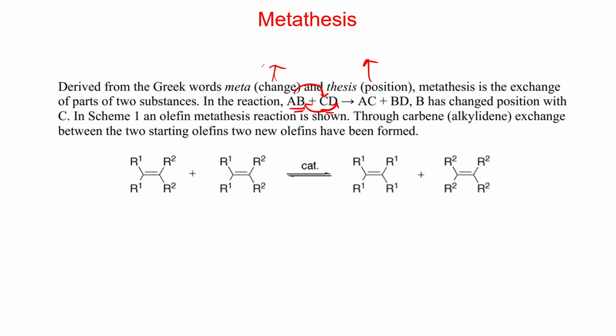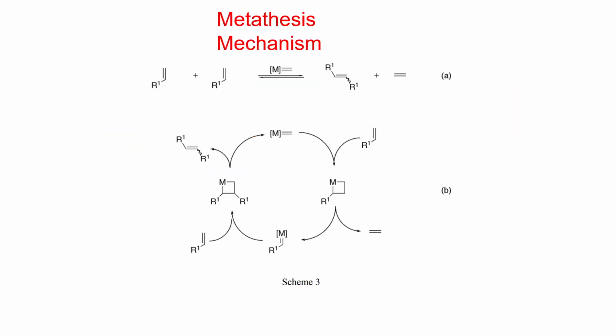It's popular for this kind of olefinic unit like this. Here you can see R1, R1, R2, R2. And when it reacts with the catalyst, what happens? This part is attached to this one, and you have this kind of system, and the R2 units combine with each other.